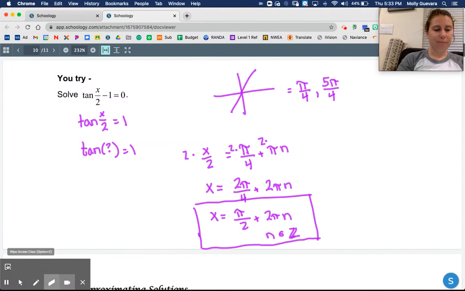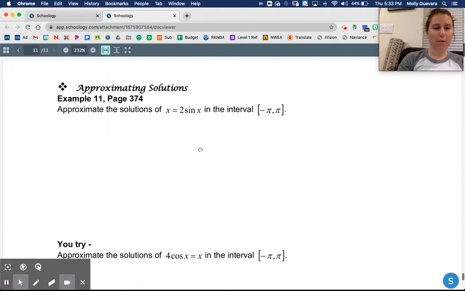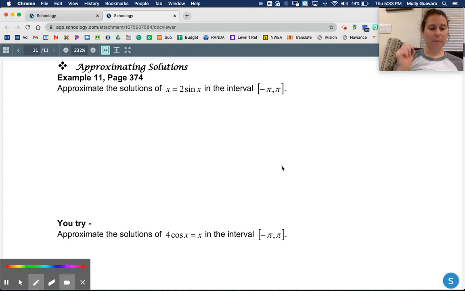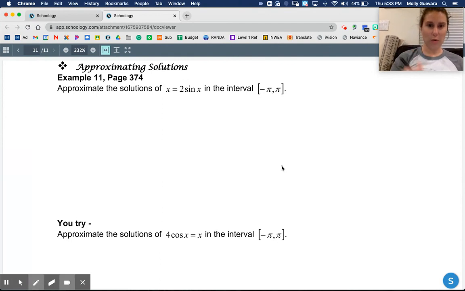Okay? All right, last type of problem is approximating solutions with our graphing calculator. So now would be the time to get out your graphing calculator if you haven't already. And the biggest thing when you are doing this, look at your interval, 0 to pi or negative pi to pi.